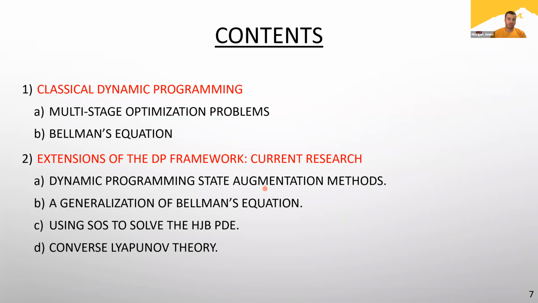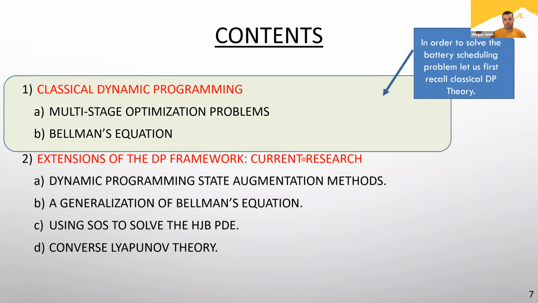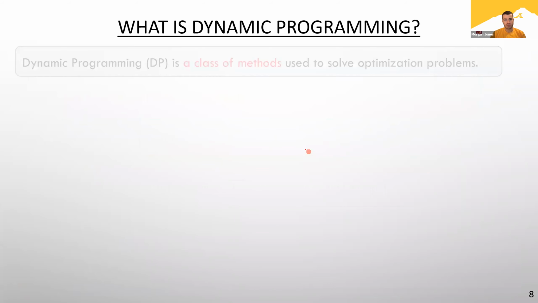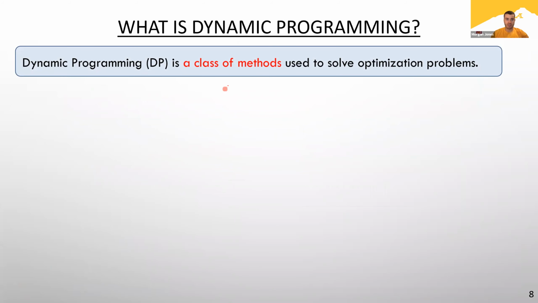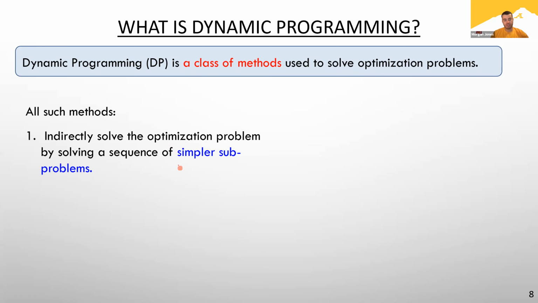So now we'll discuss classical dynamic programming theory. So what is dynamic programming? Dynamic programming is a class of methods used to solve optimization problems. All of these methods share these three properties. The first property is that they break the optimization problem up into a simpler class of subproblems.